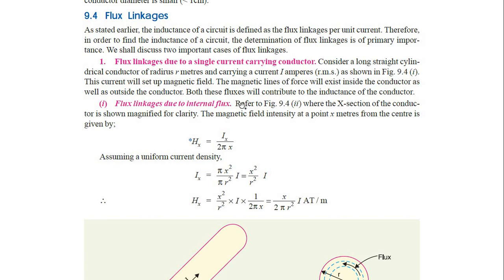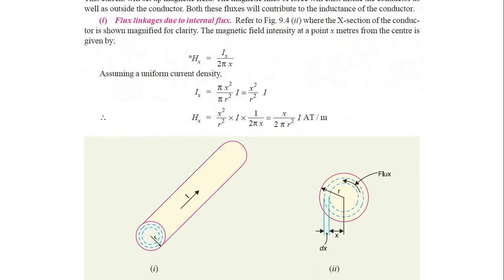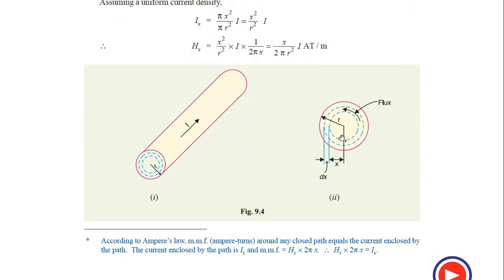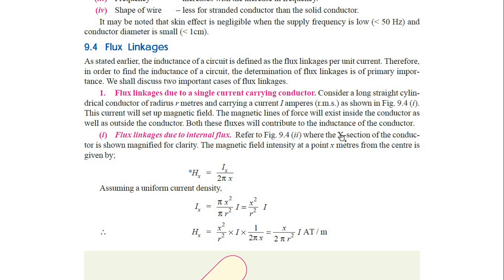Flux linkages due to internal flux. Here you can see the cross-sectional area. The magnetic field intensity is given by H. Remember these terms: psi for flux, H for intensity, I for current.